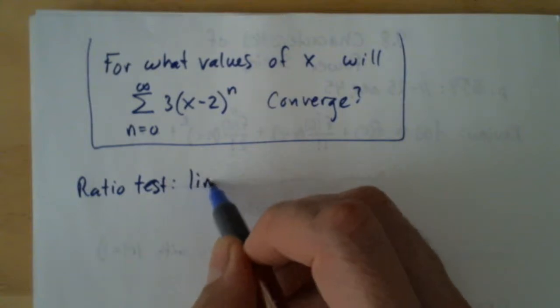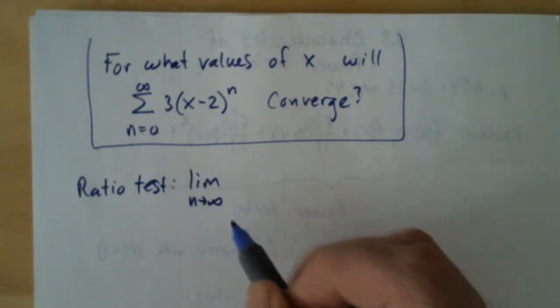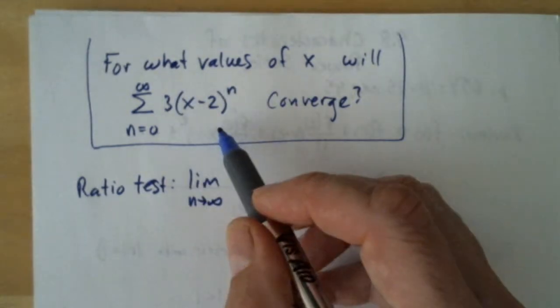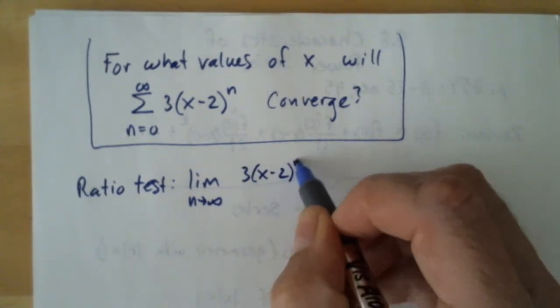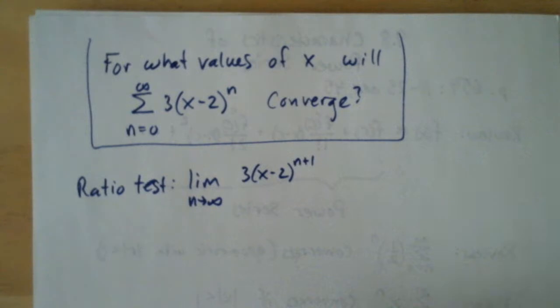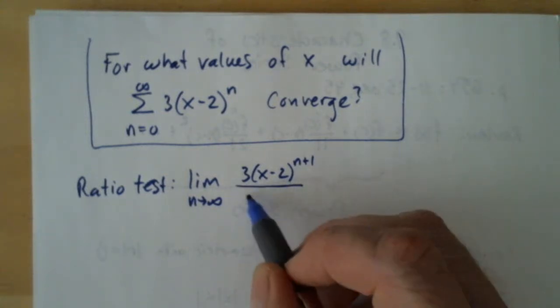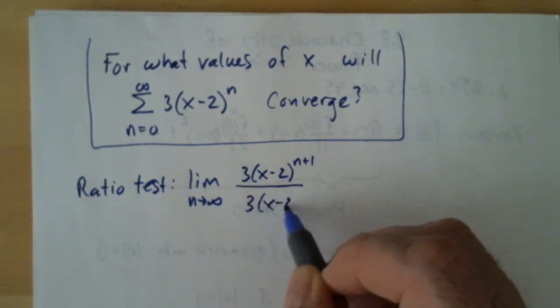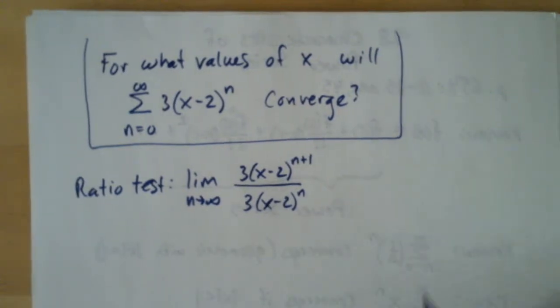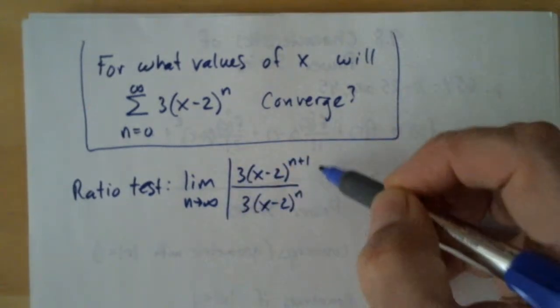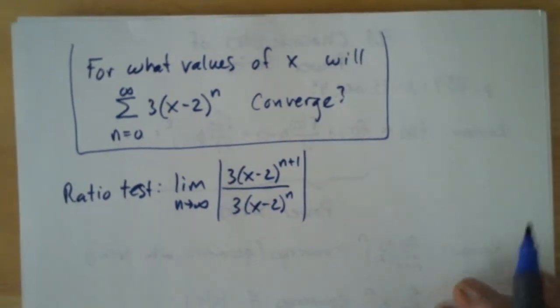And we need to have the limit as n goes to infinity. We'll take this term and replace the n with an n plus 1 divided by the given term. And we also want the absolute value.